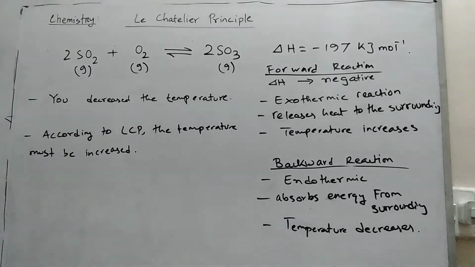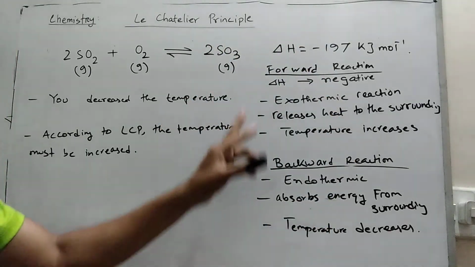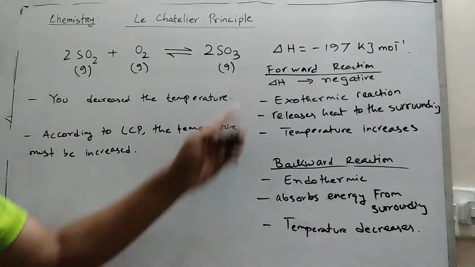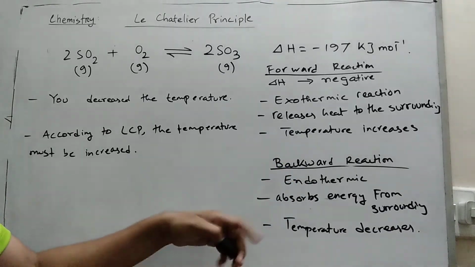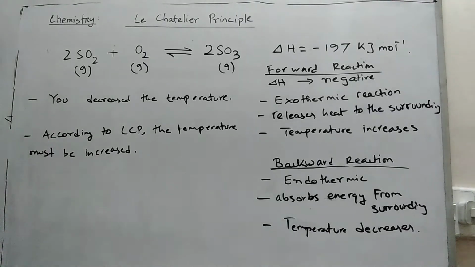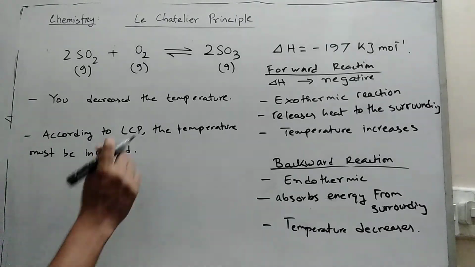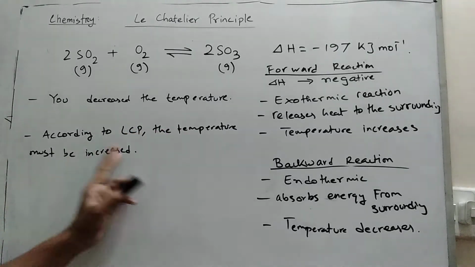And how can we increase the temperature? You see, if the forward reaction happens more, then it will release more heat. If the backward reaction happens more, then it will decrease temperature. My focus is to increase the temperature.